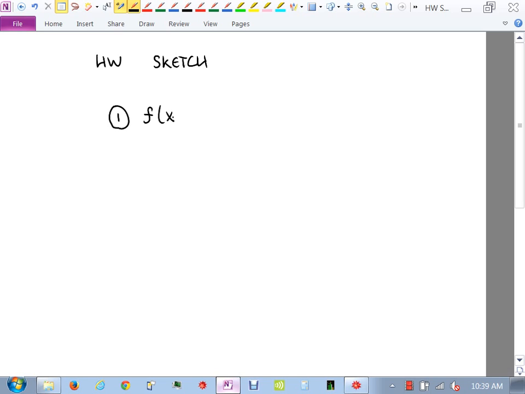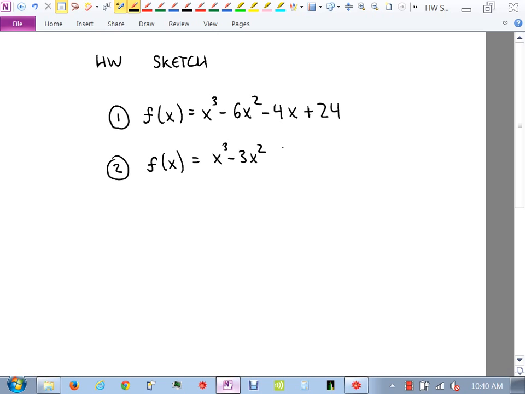F of x equals x cubed minus 6x squared minus 4x plus 24. Number 2, f of x equals, let's see how you handle this. This one won't be so bad, I don't think. X cubed minus 3x squared minus 9x plus 27.